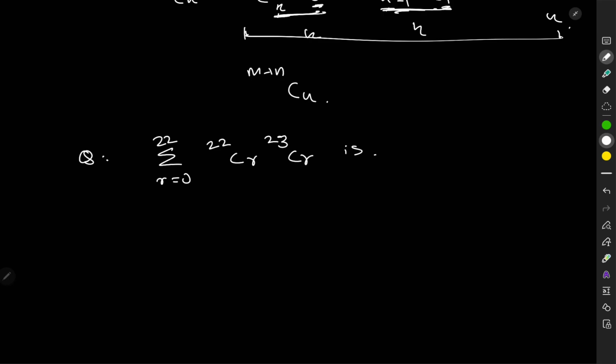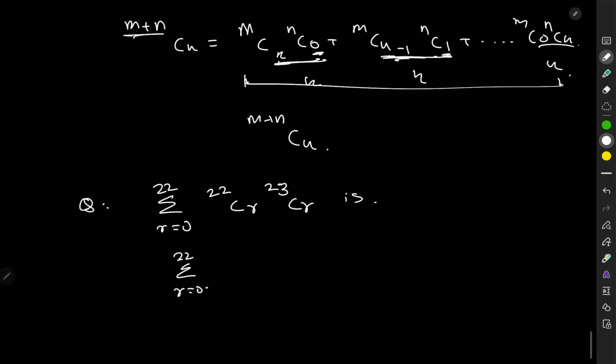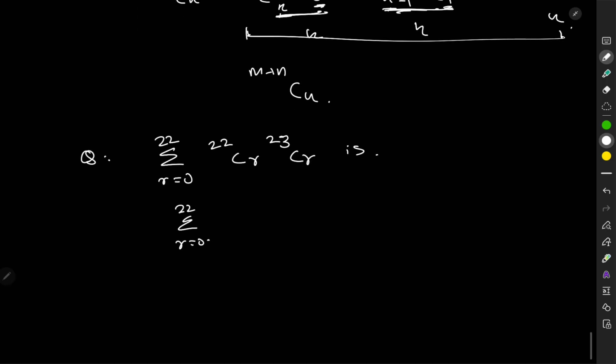Fine. So simply, 22Cr with r equal to 0, right? So as I said here, (m plus n) Ck, which is 22 plus 23, which is 45 Ck.